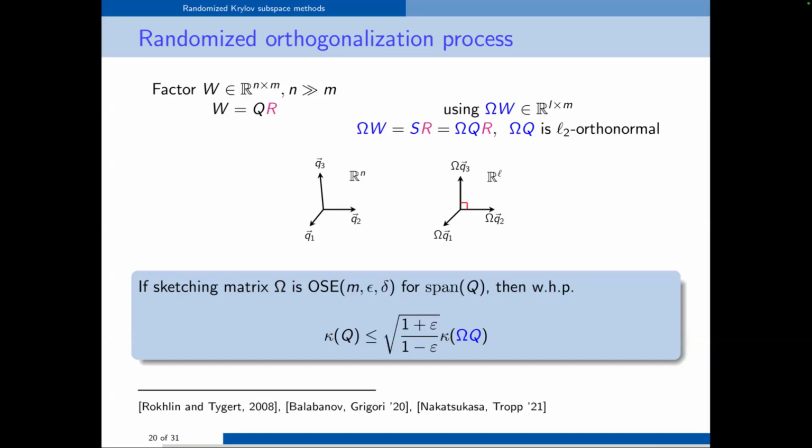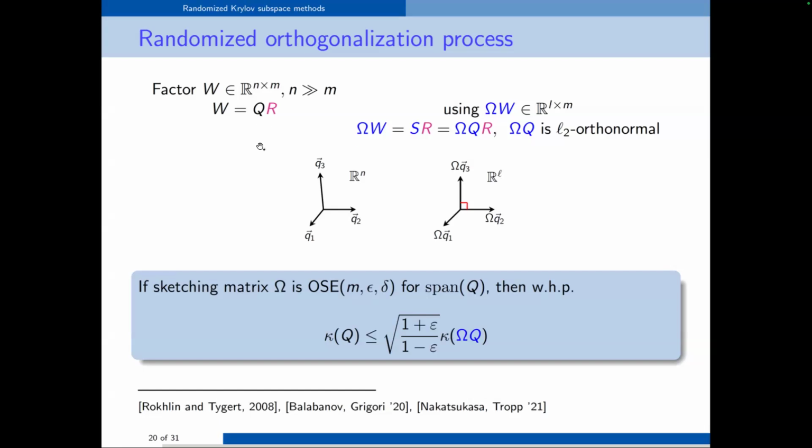So I'll consider particularly the case when it's given vector by vector, and we want to compute a basis for this matrix. Typically, we would compute its QR factorization, where Q is orthogonal. But that's really the bottleneck in many situations. And so our goal here was to use randomization to speed up this process.